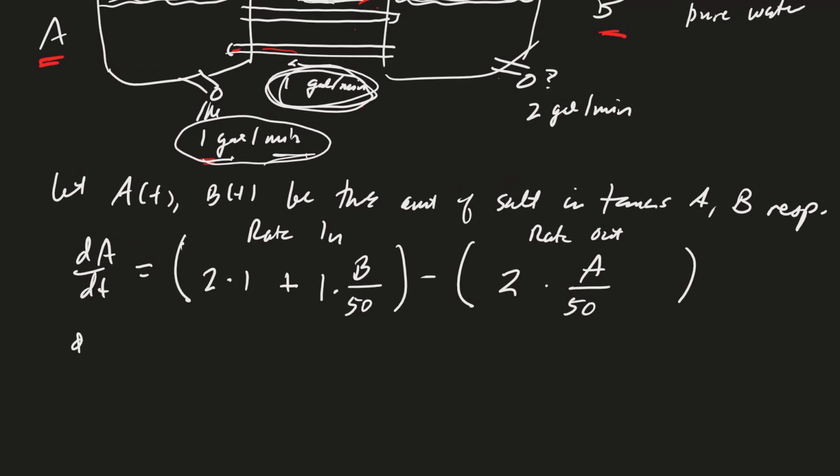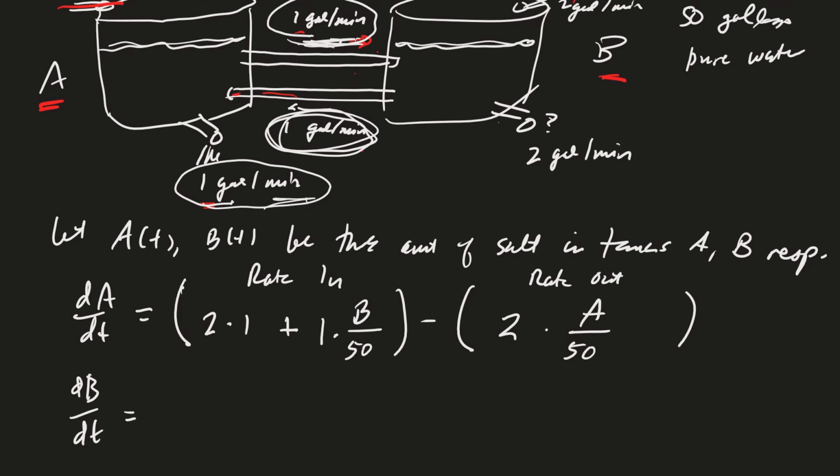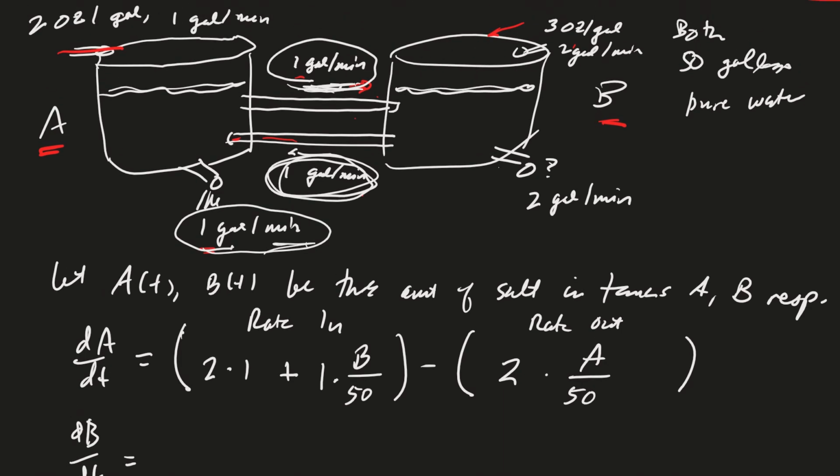Can we write down dB over dt now? So for dB over dt, let's see if I can keep the picture here. It looks like 3 times 2 is coming in, plus, what else is incoming? I've got this is incoming from tank A, so therefore that's 1 gallon per minute times A ounces divided by 50.